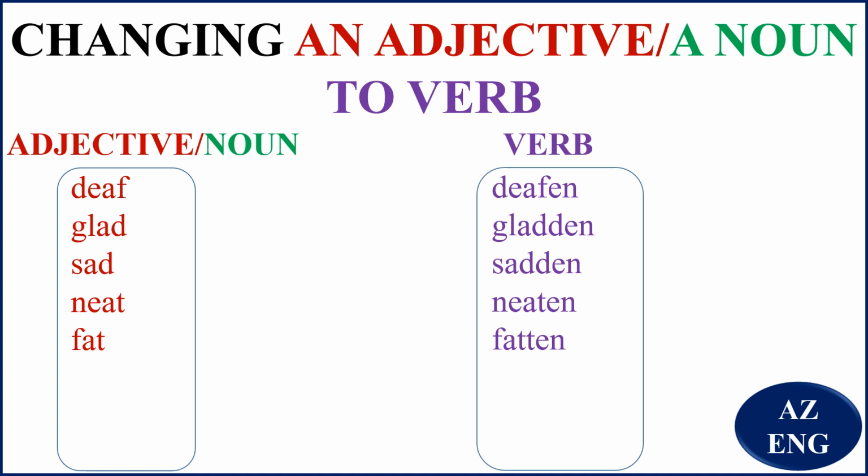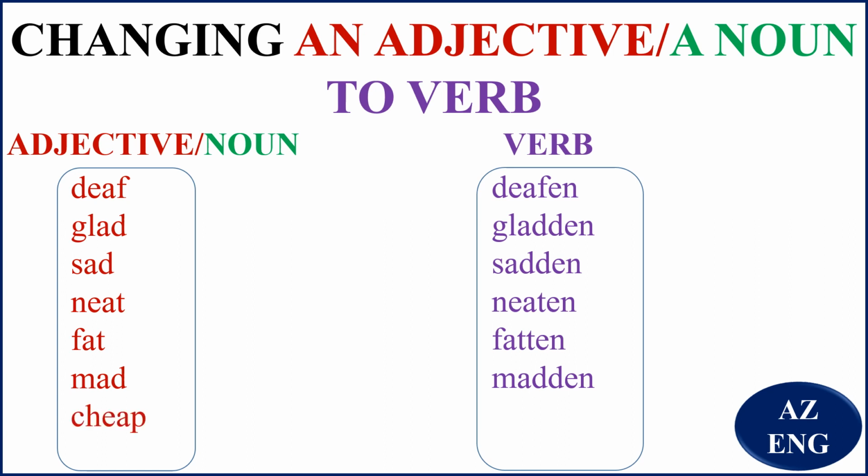I want to fatten them. Mad can mean someone is very angry, which is the one we're going to take here, and it can mean someone is not well psychologically, that is, mentally ill. So to make someone very angry, you say what? Madden, just like sadden, just like gladden.